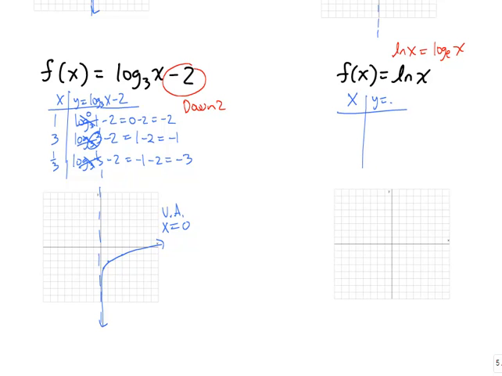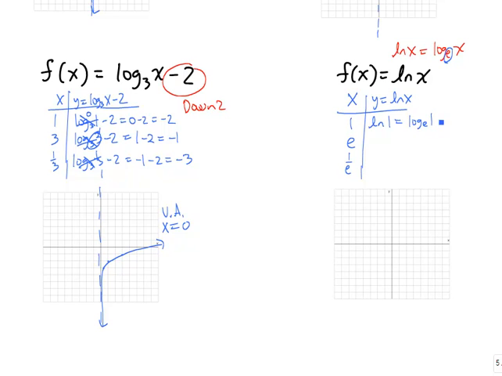Remember that in your table you want to pick x's that are 1, your base, and this time what's the base of an ln? Remember, I said this was a base e, so this is going to be e, and then we want 1 over that base, so 1 over e. So now if we plug these in, this is going to be ln of 1. If it helps you, if you're not that familiar with logs, change this to log base e of 1.